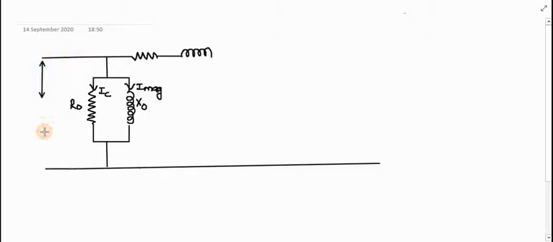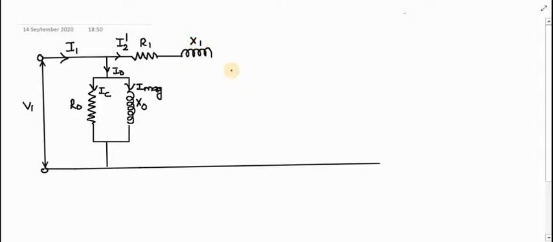This one is your V1, voltage applied across the primary winding. So I1 is the current taken from the supply. This is your I0 and this is your I2 dash now. Right? What is this? This is your R1, this is your X1.